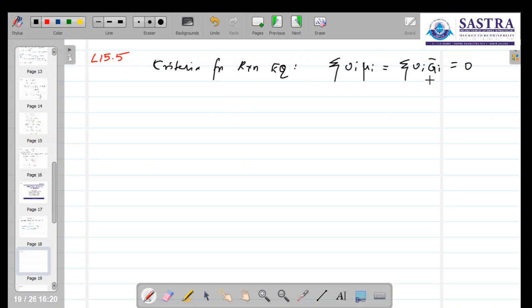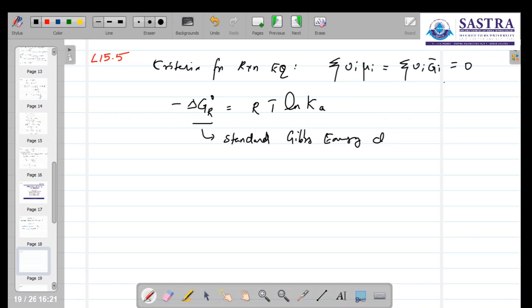And then we saw by application of the definition of Gibbs energy to fugacity, we can establish the relationship that minus delta G_R naught is equal to RT ln K_a, where this term denotes the standard Gibbs energy change of reaction, and K_a denotes the equilibrium constant, right?